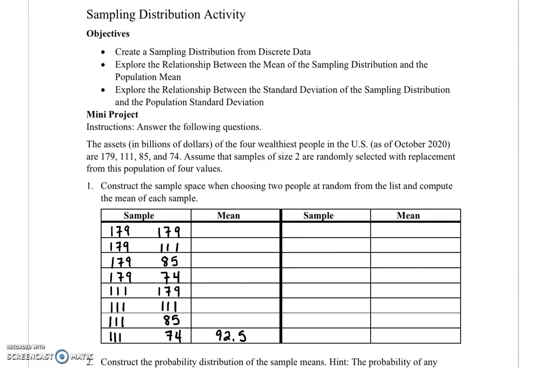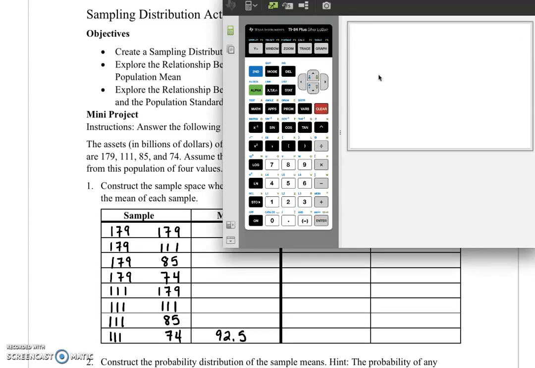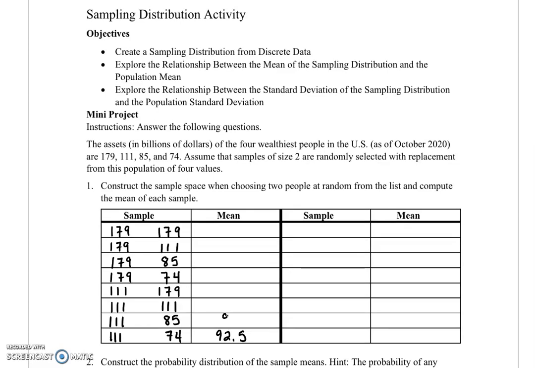Okay, if you want to do it all at once instead of having to do the addition and hit enter, you can, but you must put the addition part in parentheses. So that would be open parentheses, 111 plus 85, close the parentheses, and then divide by 2. And that gives us 98.